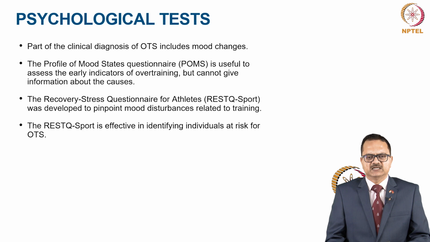The recovery stress questionnaire for athletes was developed to pinpoint mood disturbances related to training, and it is effective in identifying individuals at risk for overtraining syndrome. So, the POMS questionnaire for assessing early indicators and the REST-Q Sport questionnaire for identifying individuals at risk for overtraining syndrome.